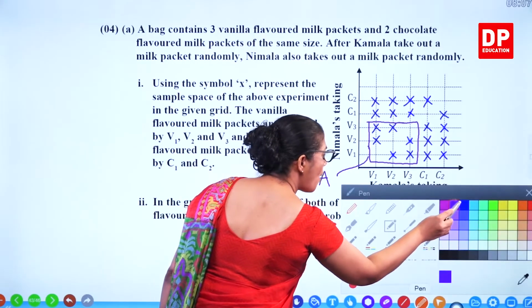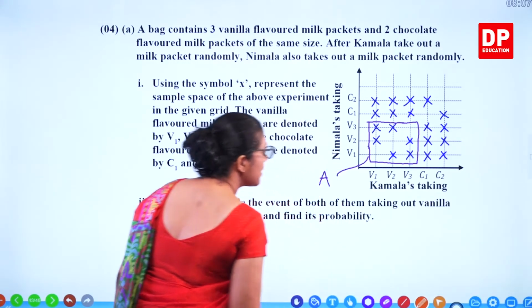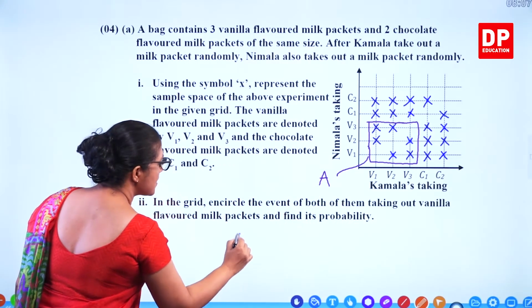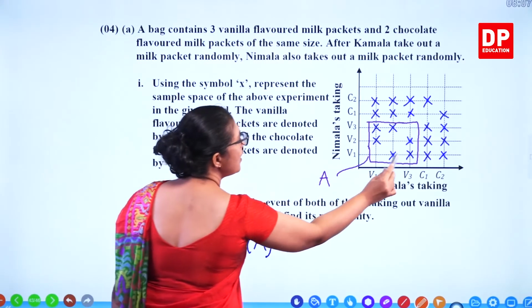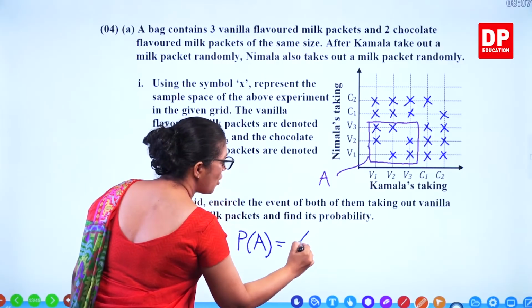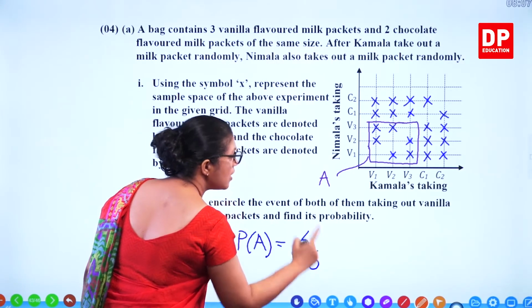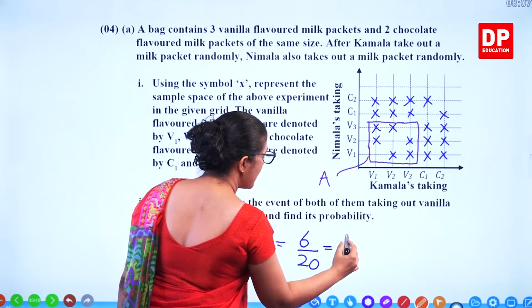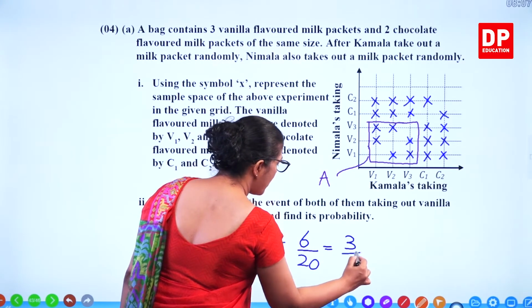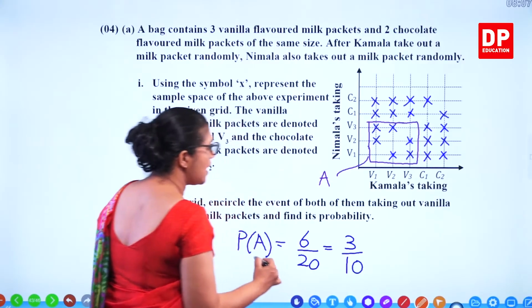So what's the probability of taking both vanilla packets? Probability of A: 1, 2, 3, 4, 5, 6 possibilities out of 20 altogether. 6 over 20, you can divide by 2, 3 over 10.